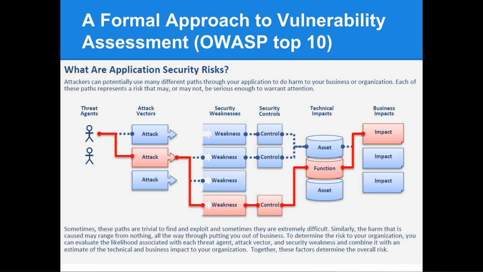And it goes through the potential threat agents, the attack vectors they may leverage, security weaknesses that enable these attack vectors or may impact them, security controls that may or may not be enabled, and which ones should be enabled to, say, plug these weaknesses and vulnerabilities. Now, if it was exploited, what would the technical impacts be? And finally, what might the business impact be overall? Because in the end, certain types of hacks are not a big deal, but other types of hacks can be really bad for business in some cases.